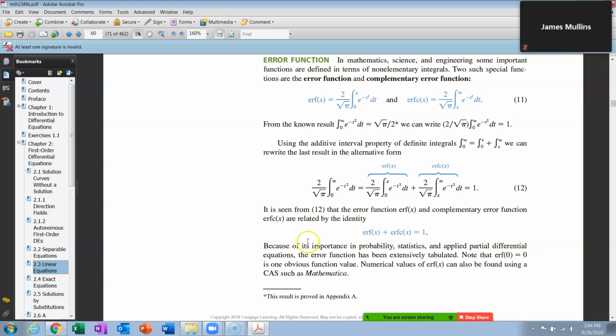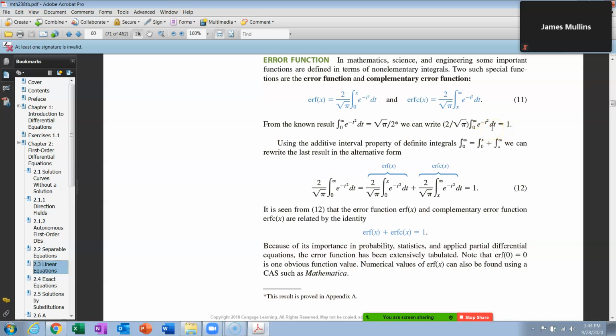It says the result is proved in example A, so if you want to go back and eat this one up, you can. With that in mind, then that 2 over root pi times the integral is equal to 1.